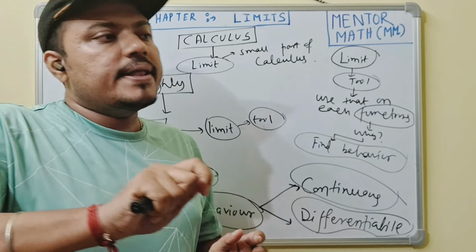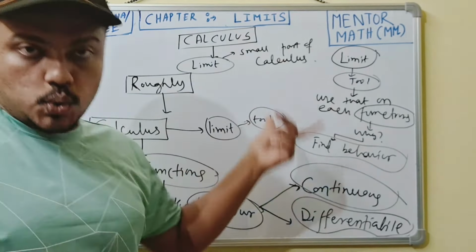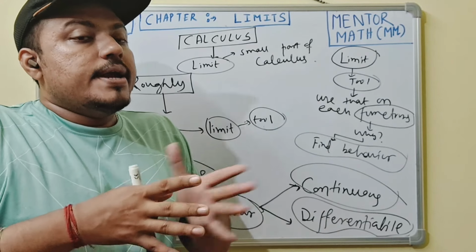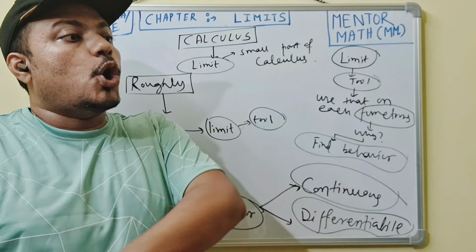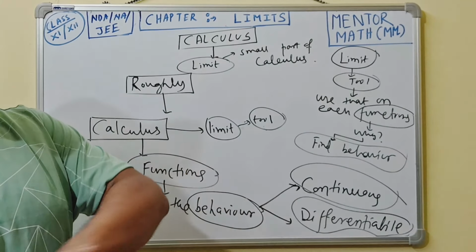You open the room using your tool, that is your limit tool, and after you enter that room, you can see there are lots of boxes. In mathematics there are a lot of functions.